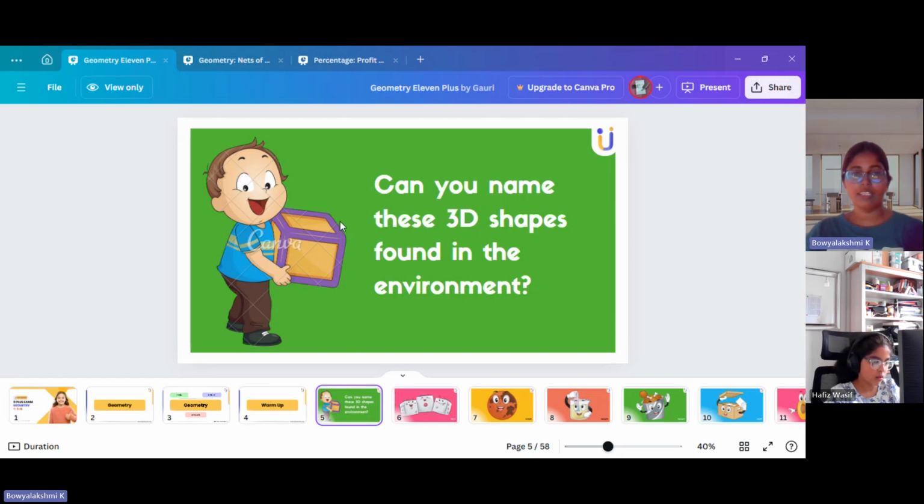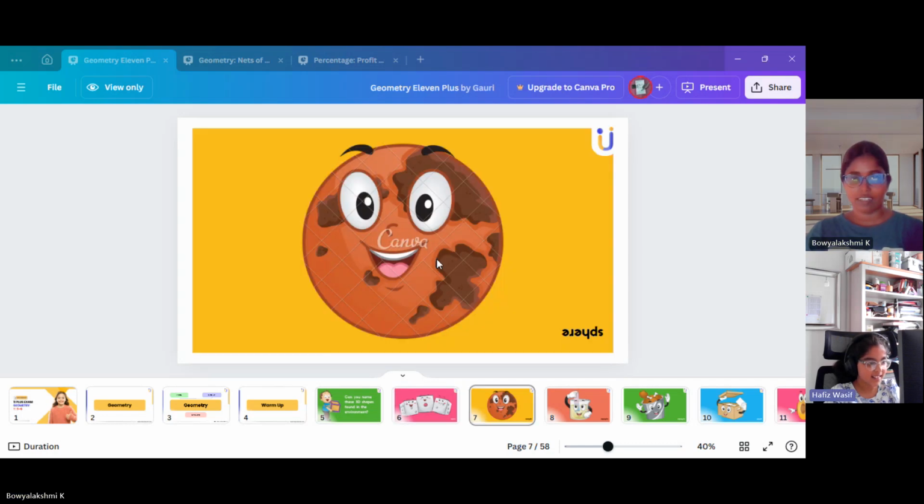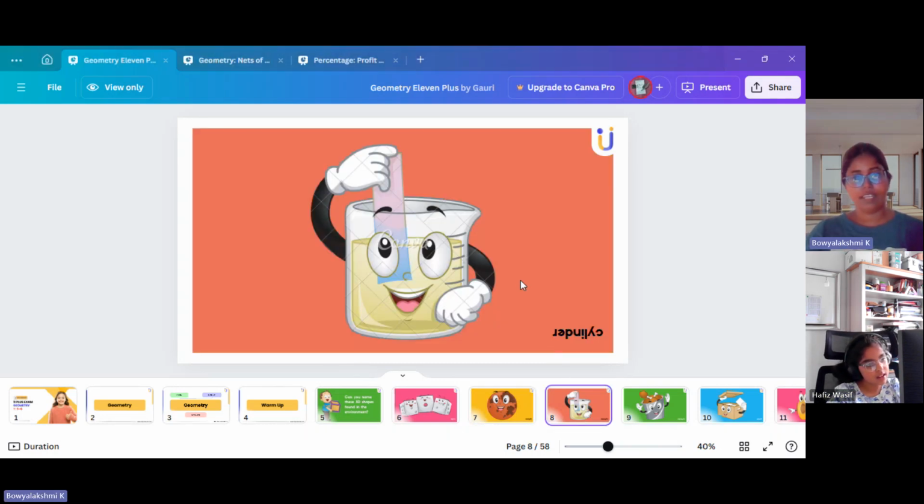Okay, can you name these 3D shapes found in the environment? I will show you one by one. You're going to say it. Ready? Okay, this one. These are dice. Okay. A ball. Yeah, ball. And what shape is it? It's a sphere. And this one. It's a measuring cup which looks like a cylinder.